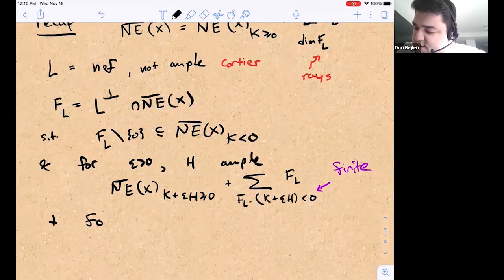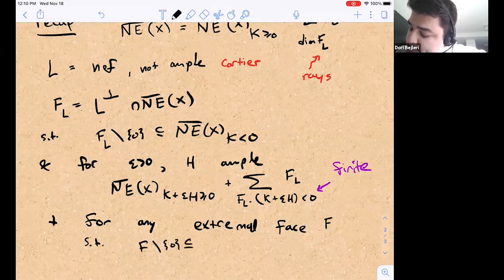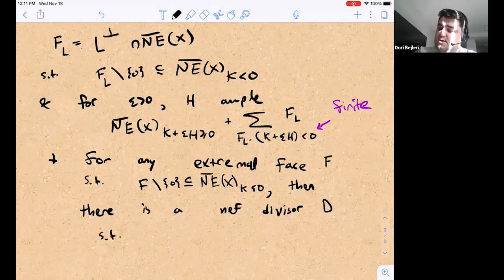Plus, for any extremal face F that's contained in the negative part, there's an F divisor D such that F equals F_D.